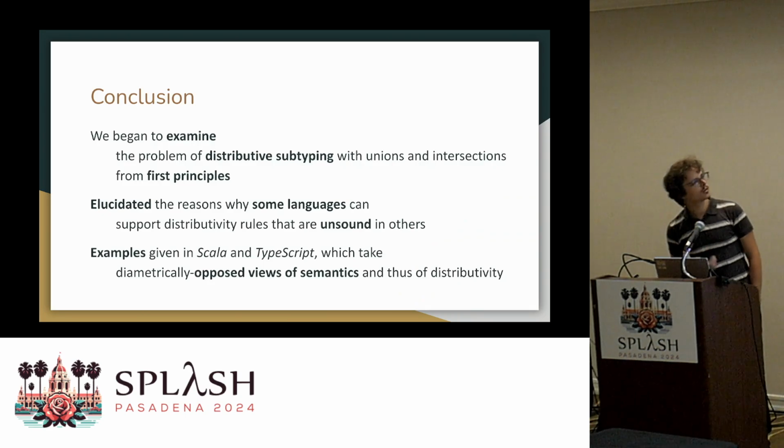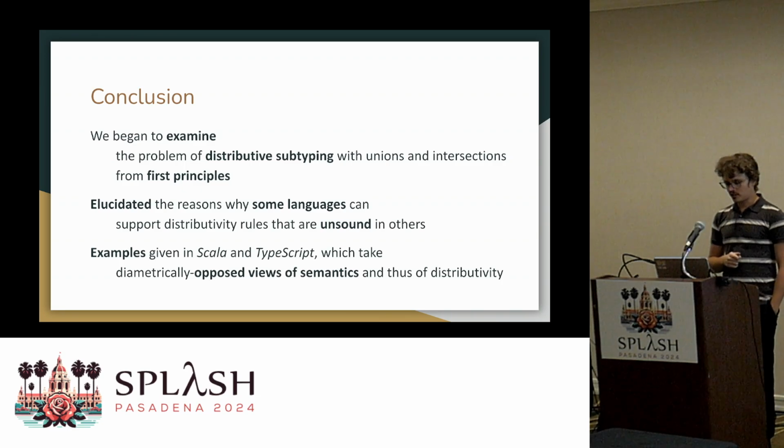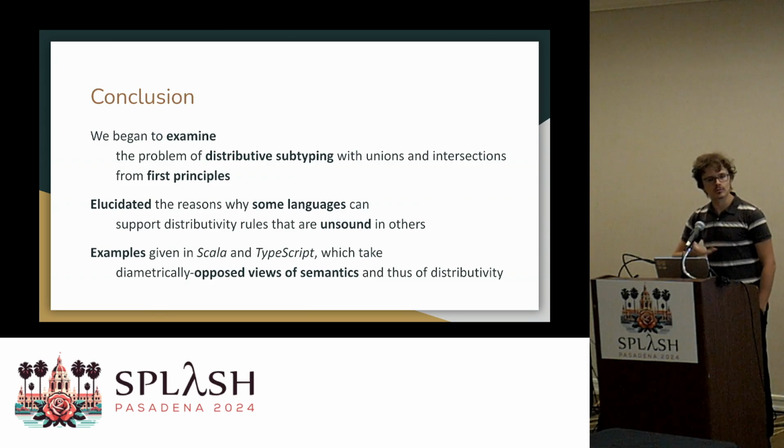In this talk, I tried to examine the problem of distributive subtyping from first principles, going back to the roots. What are intersections and unions, and how to interpret subtyping so that subtyping between these type forms can be justified intuitively.